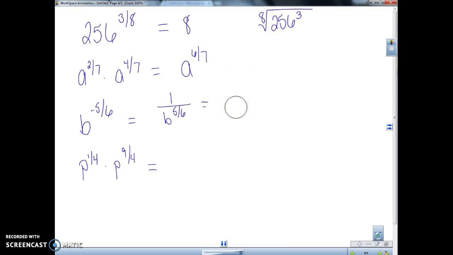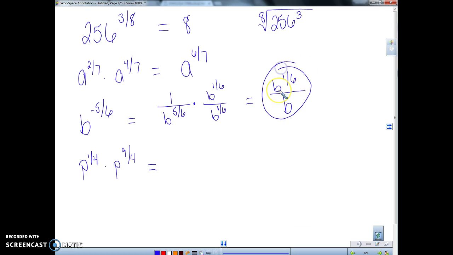So we're going to look at this and say, well, what will make this a whole number? What will make this 1? Well, if I multiply it by b to the 1/6, because remember, if you're multiplying the bases, you're adding their exponents, this becomes b to the 1/6 on top, and on your denominator, it just becomes b. And so that would be your answer because you got your radical off the denominator.